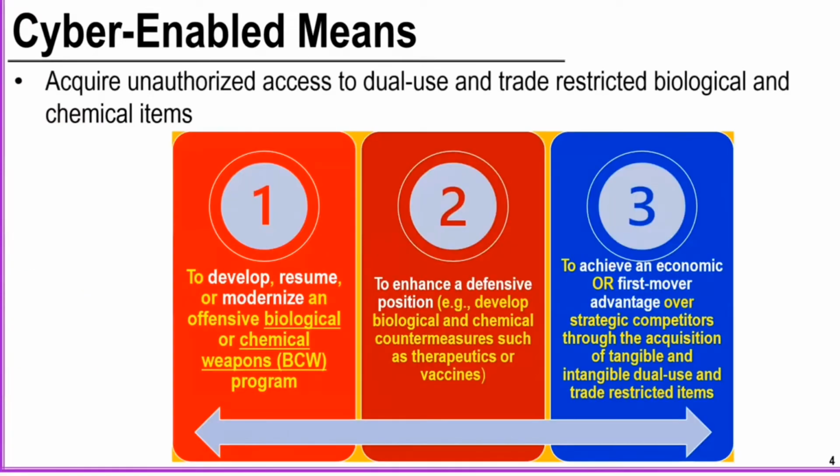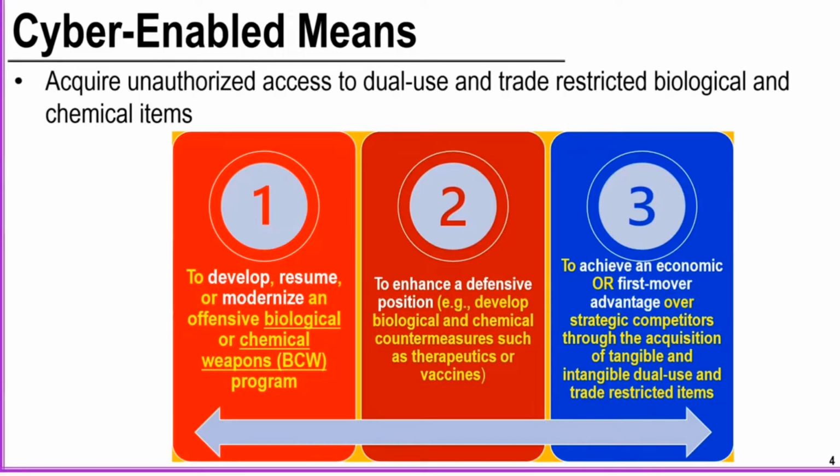attacks. The digitization in life sciences, in biomedical and biotechnology domain is vulnerable if appropriate CyberBioSecurity control measures are not implemented in time, because cyber-enabled means are used by the proliferators to acquire unauthorized access to dual use and trade restricted biological and chemical items.